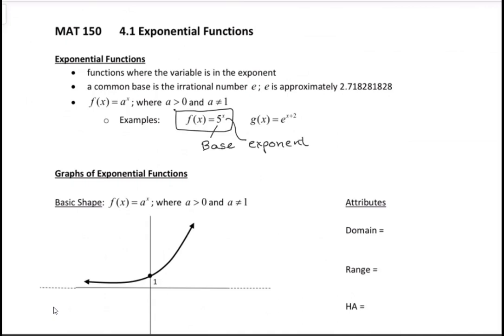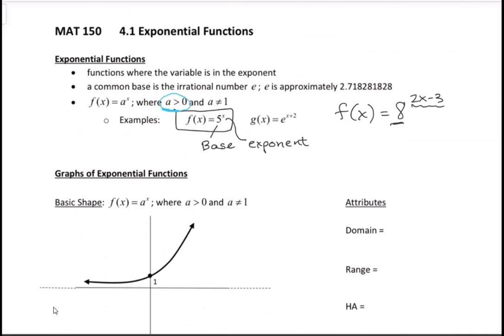Now, I can also have exponential functions where I have an algebraic expression as the exponent, like here where my base is 8 and my exponent is 2x minus 3. So we'll work on those types of functions as we go along. Now, the base of an exponential function can be any number that's bigger than 0.